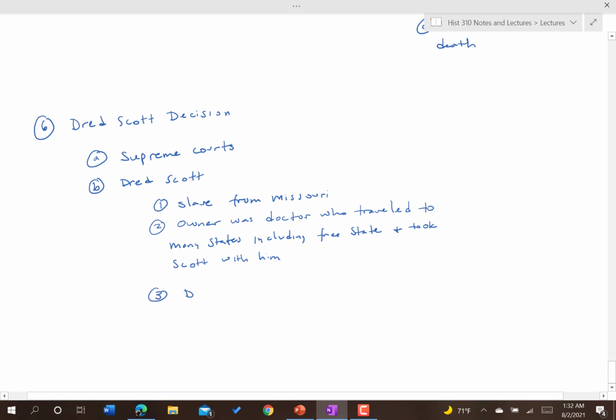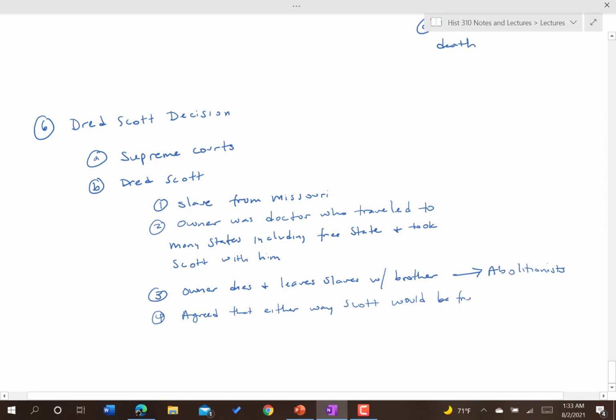So what happens is that the owner dies and leaves the slaves with his brother, and his brother was an abolitionist. They first agreed that either way, Scott would be free. But before he freed him, they wanted to test the court system.